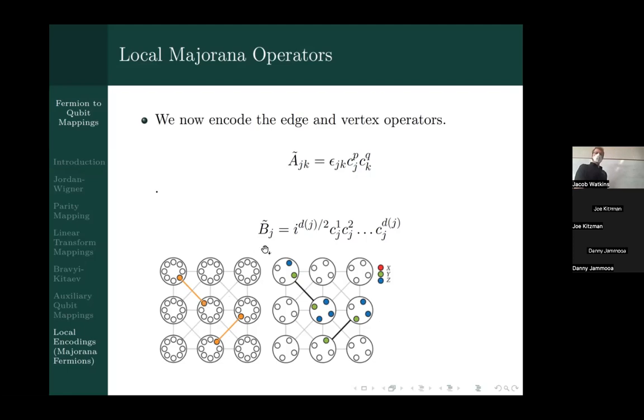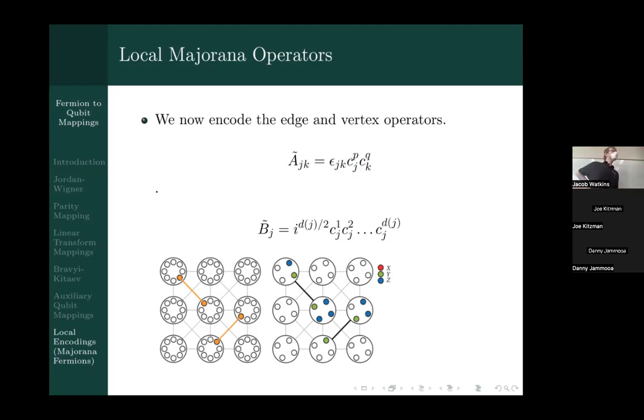The 2 local Majorana modes that we need for this edge operator are the 2 that correspond to the link for the hopping term that we care about. And then we have the encoding of that local Majorana mode into Pauli operators on the qubits corresponding to the vertex, corresponding to the fermion. This is a bunch of layers of abstraction, so it is kind of complicated.